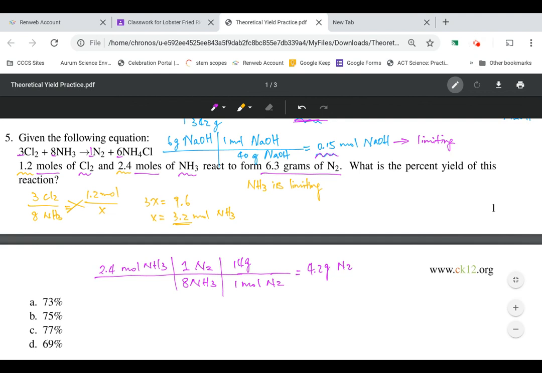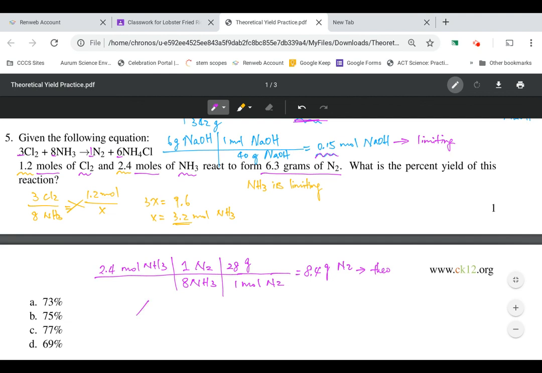My bad. 14 is 1 N. So 2 N is 28. So the answer will be 8.4 grams. So that's your theoretical.